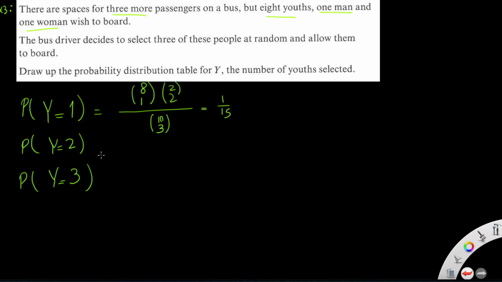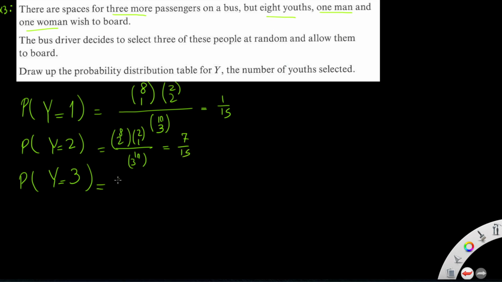Now the second possibility will be to choose 2 youth, so 2 out of 8. You need to select 1 from this man and woman, so 1 out of those 2, over 3 out of 10, which is the total possible selections, will be 7 over 15.